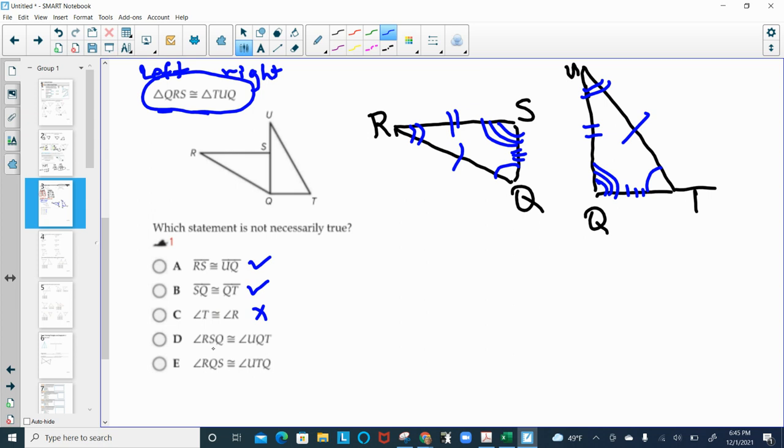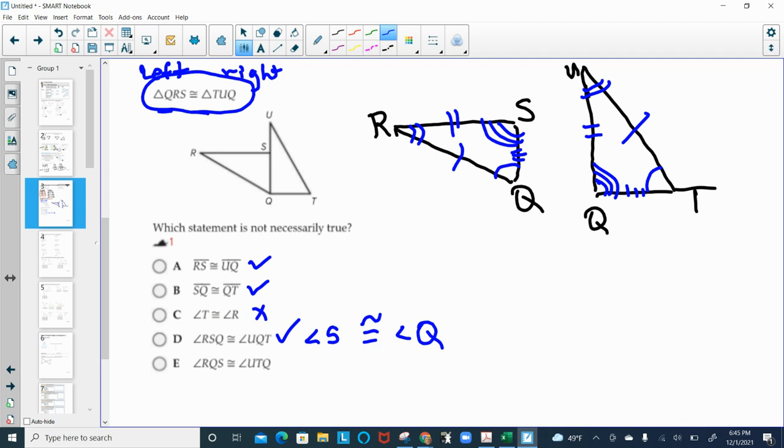So angle RSQ, that's angle S. And angle UQT, that's angle Q. So is S with 3 arc marks the same as Q with 3 arc marks? Yes, it is. That's a true statement.